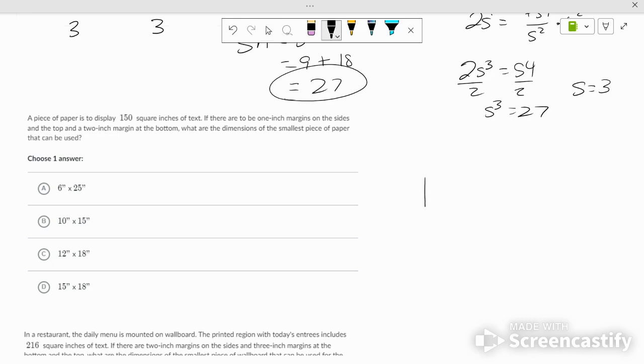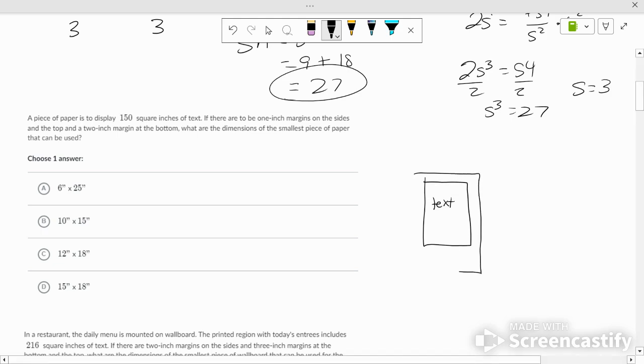Okay. So here's the text. You have a 1-inch margin here, a 1-inch margin here, a 1-inch margin here, and a 2-inch margin here.